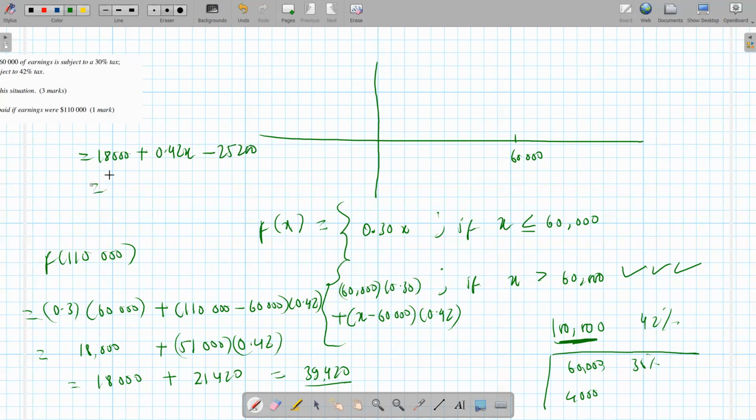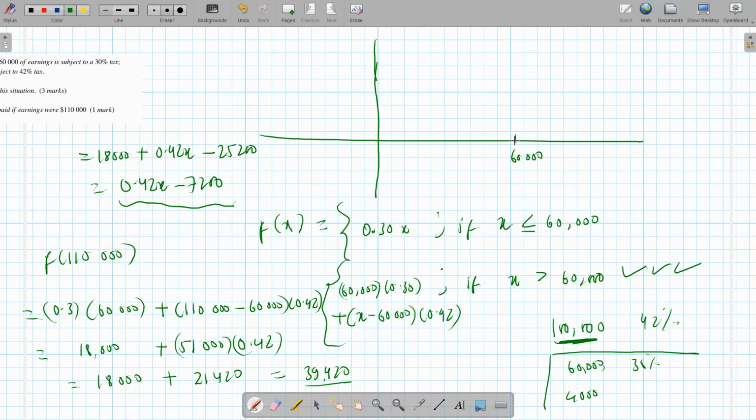Now, like terms, so you get 0.42x and then 18,000 minus 25,200 is minus 7,200. So I can graph it. See, this is a linear function. It's easier to graph this than it is to graph this entire thing. So I'm just turning it into a linear function.